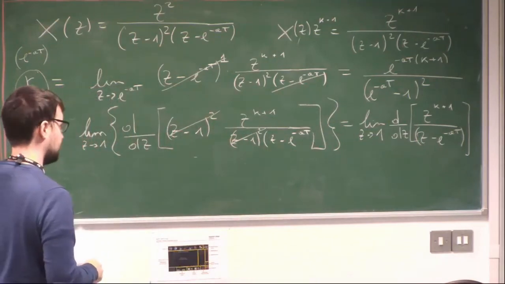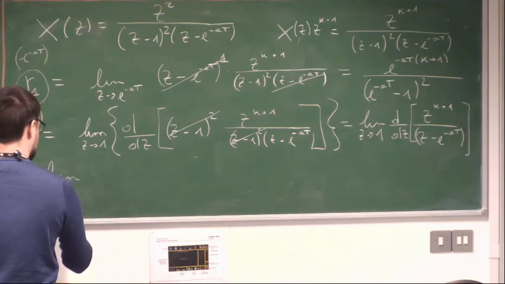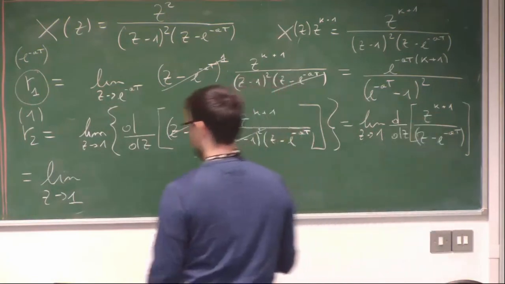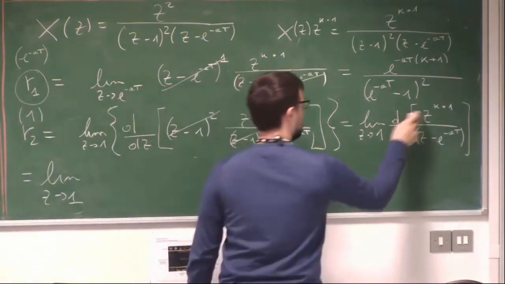Okay, now let's compute that derivative. So here we have the limit with z that goes to 1 of the derivative with respect to z of this term. Okay? And this will be the derivative of the numerator.